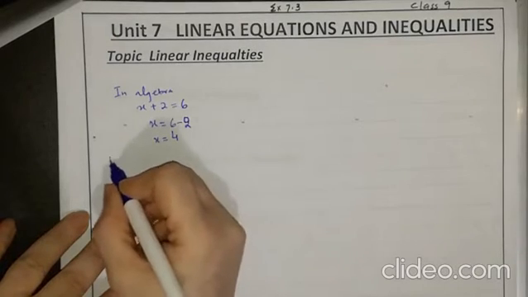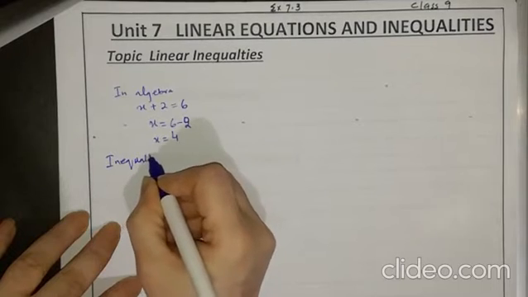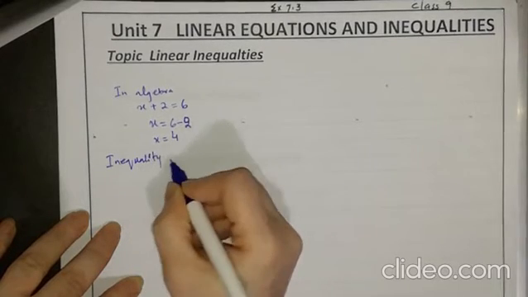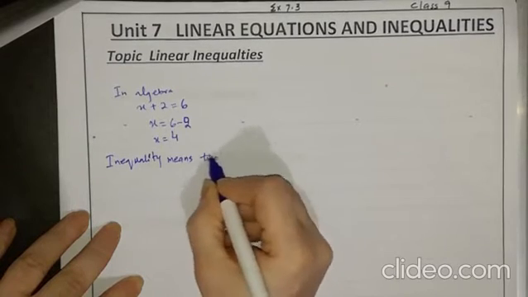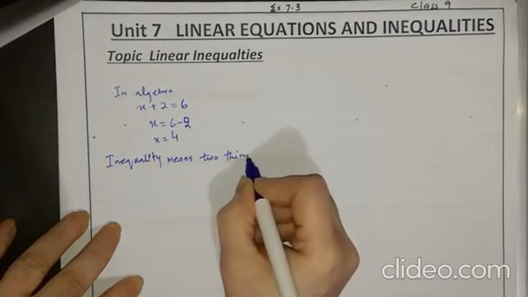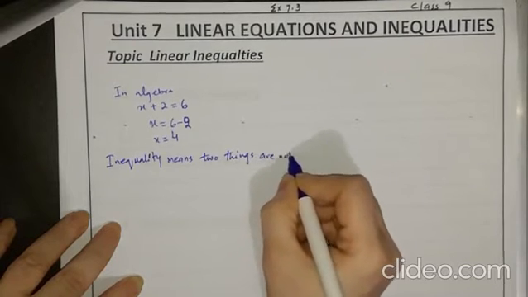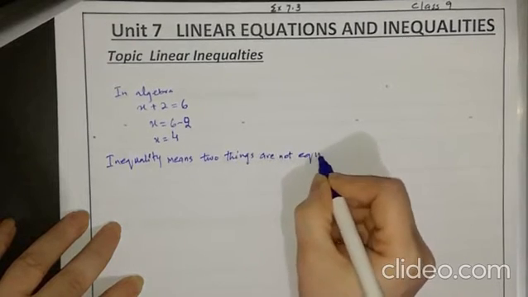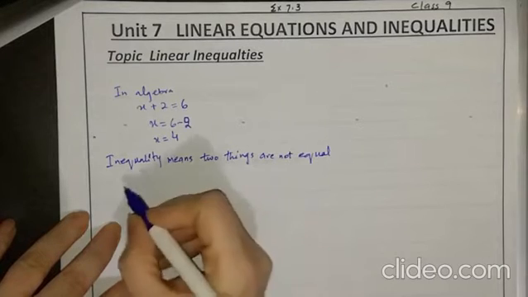So inequality means two things are not equal. Maybe one is greater than the other, smaller than the other, greater than or equal to, or less than or equal to.